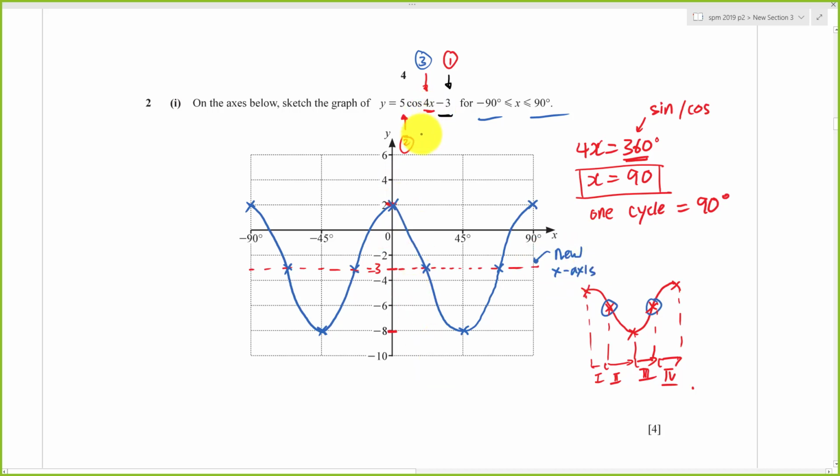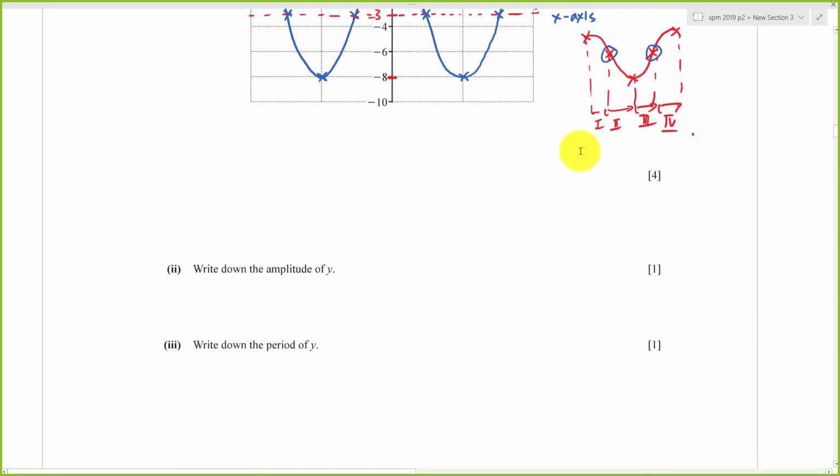And the 4x is like 4 cycles in 360 degrees. So you can just divide by 4, and each cycle will be 90 degrees. If you can't do that, you can use this method to find out your 1 cycle. So far so good.